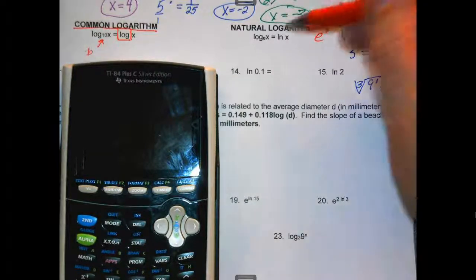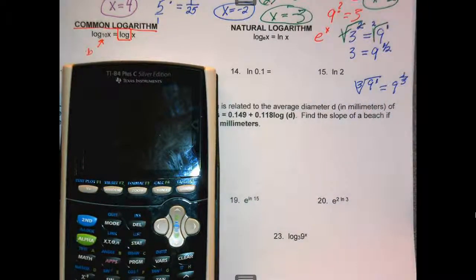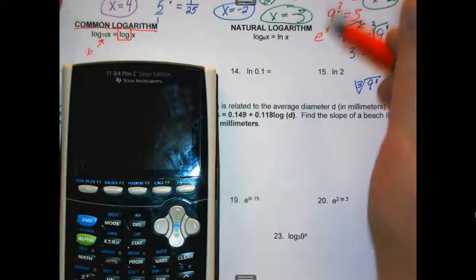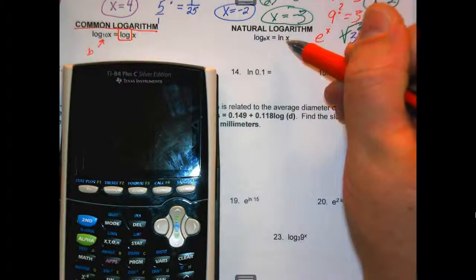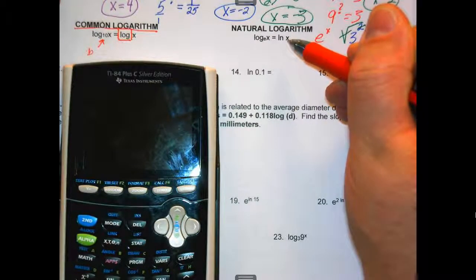I always told you that logarithms undo exponents. So to undo e to the x, we use the natural log key. It's ln. That's the natural log.